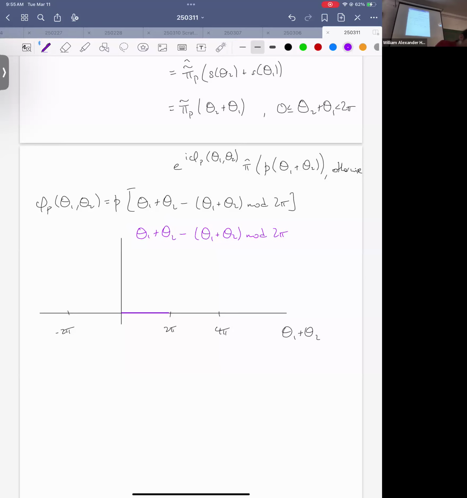If I'm between 2 pi and 4 pi, then I'll get 2 pi. Between 4 pi and 6 pi, we get 4 pi. And then if I'm between 0 and minus 2 pi, I get, oops, minus 2 pi.